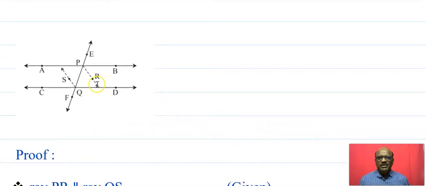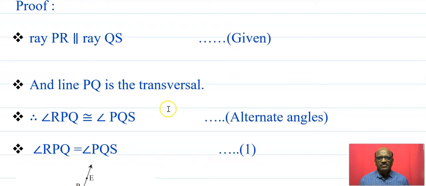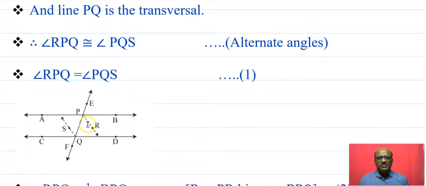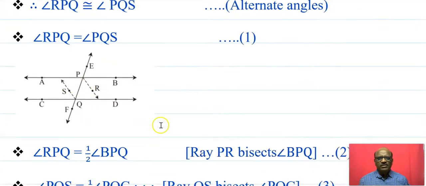Again I will repeat. That is, angle RPQ is congruent to angle SQP. Now see this here. SQP or PQS, these are the two angles. They are congruent.